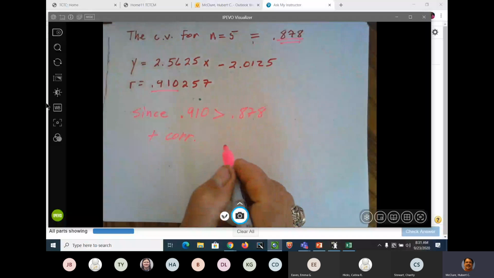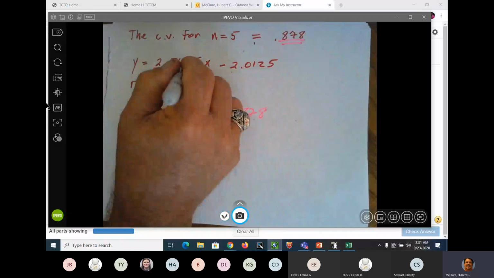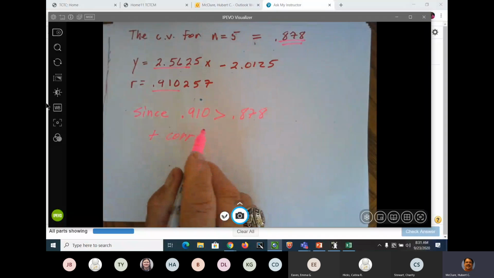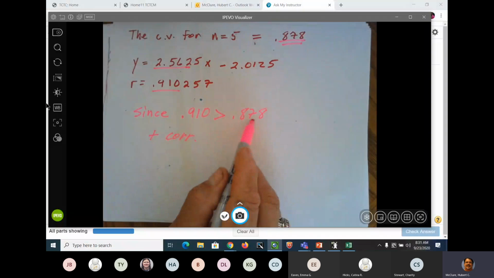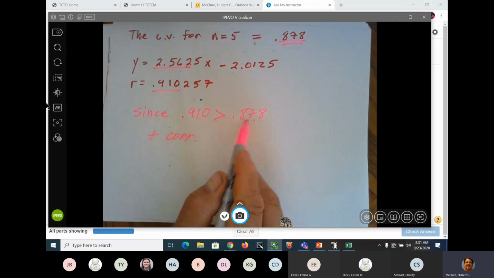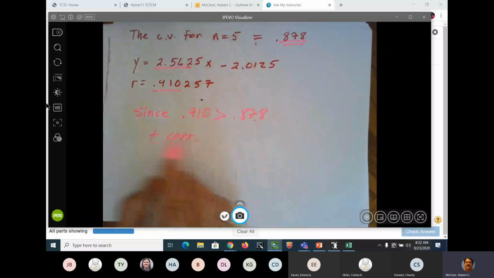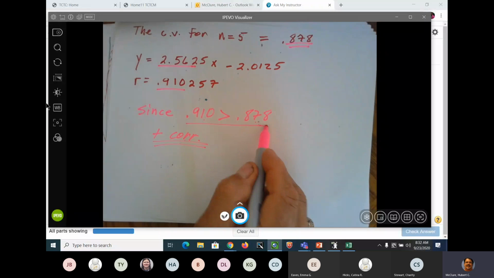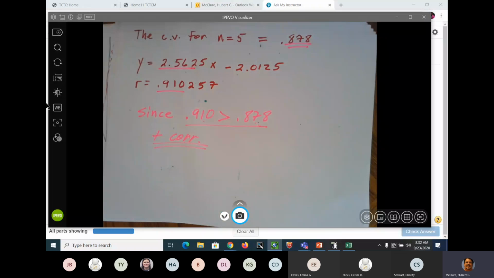You also know it's positive because the slope is positive. But sometimes some statisticians use the critical value. If this had come out less than 0.878, it would be a negative correlation. So since 0.910 is greater than the critical value, you have a positive correlation.